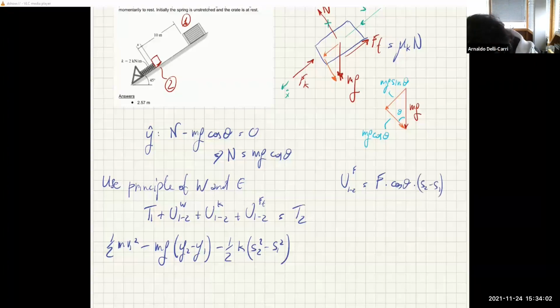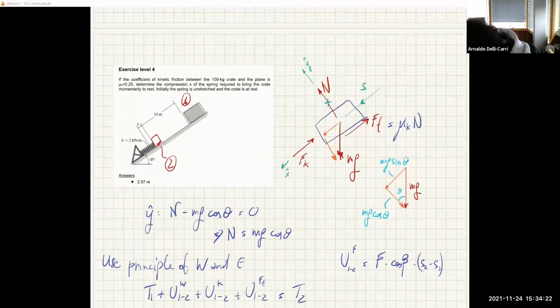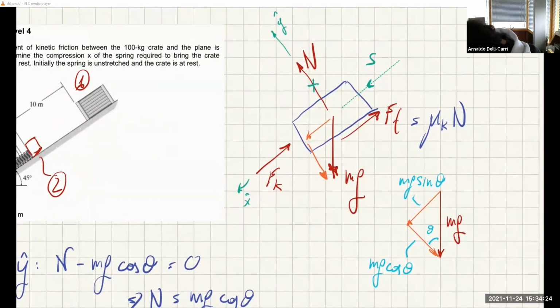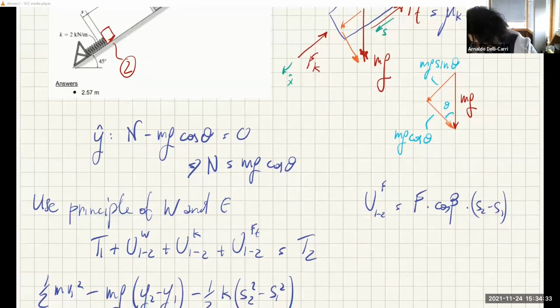So it's F, cosine of theta. Let's not call it theta, let's call this alpha, beta. And beta is the angle between S and FF, which is of course 180 degrees. So beta is 180 degrees.